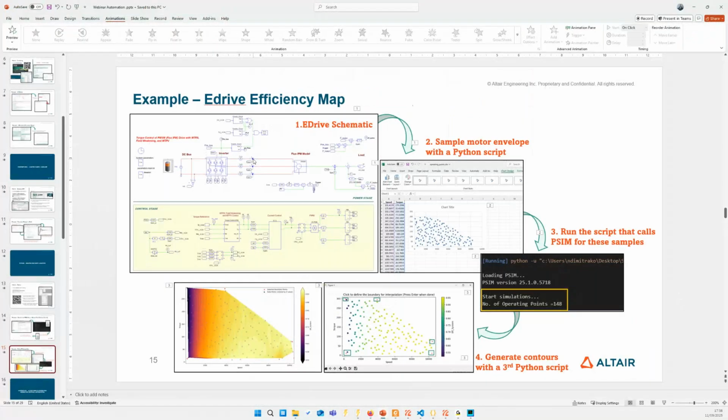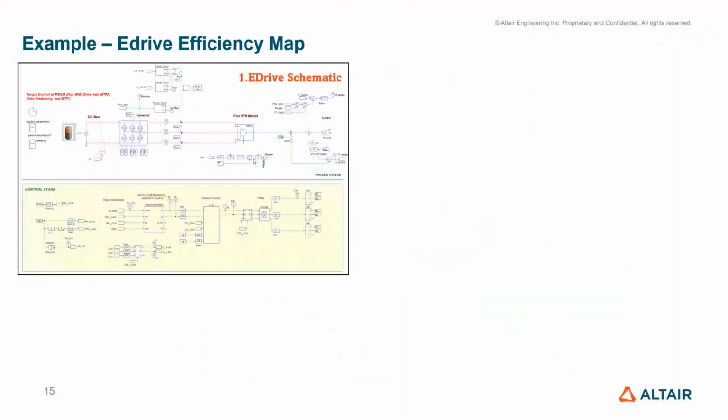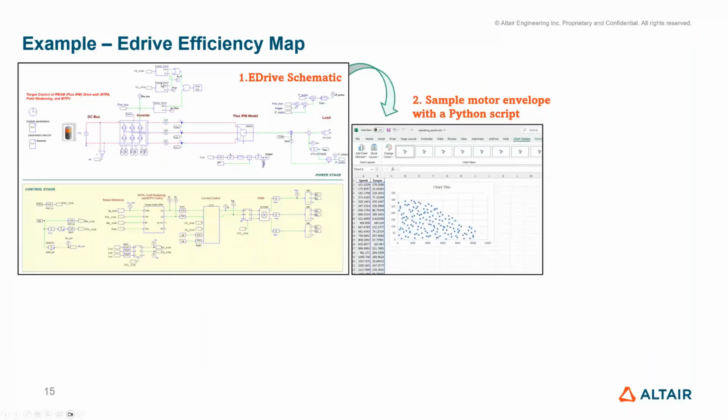First, you have to have your schematic ready. You can see here that I'm using the steady state function because I want each point, torque speed point, to reach steady state. Then I have a Python script that samples the torque speed envelope and saves the torque speed combination of points in an Excel file.